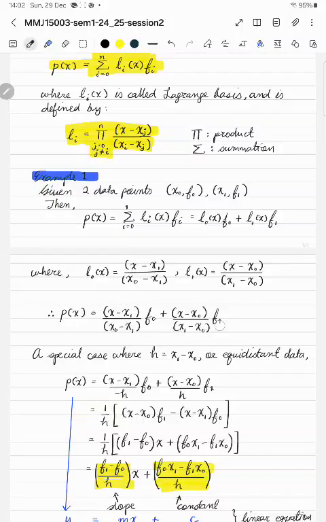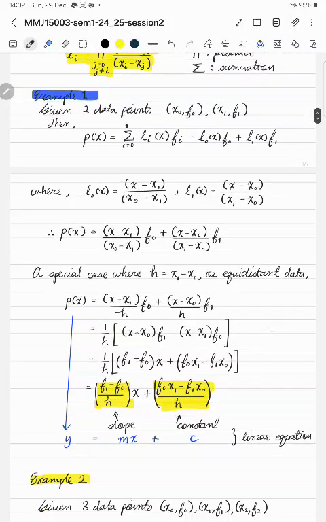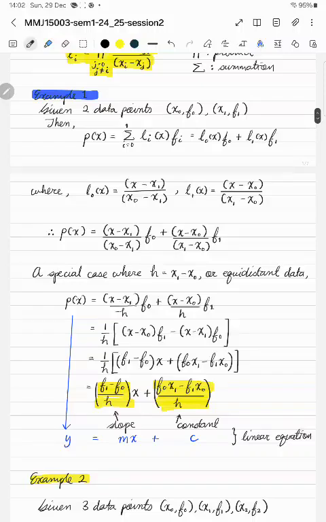So if you combine the basis with the data, that is f0 and f1, you have the polynomial. Now this is actually just a linear approximation of the 2 points, which I think by now should be common sense to you. If you have 2 points, then the most logical way to fit the 2 points would be a linear equation.